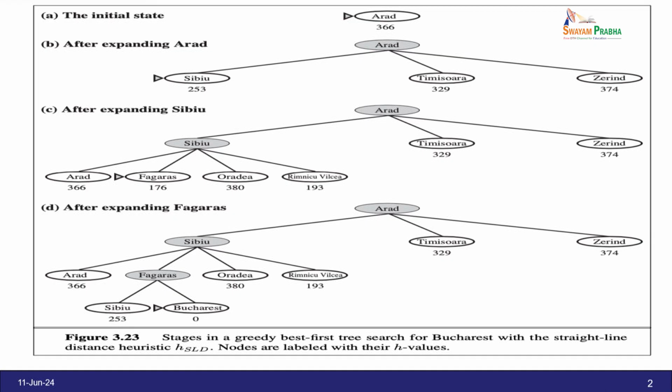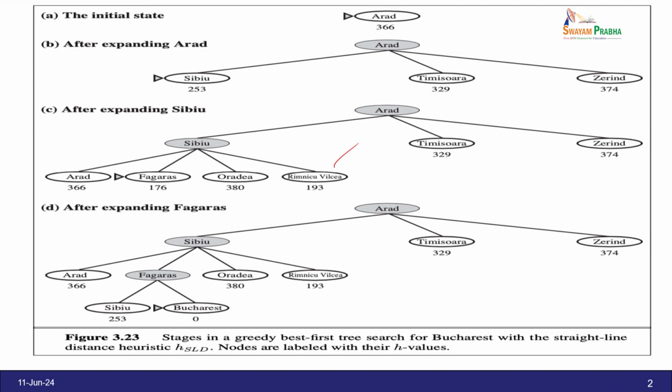After expanding Arad to Sibiu, Timisoara and Zerind, and after expanding Sibiu, we have Arad, Fagaras, Oradea and Rimnicu Vilcea. Expanding Fagaras maps to Sibiu and Bucharest, and once you reach Bucharest, that is the way to search best first search from Arad to Bucharest. This is the straight line distance heuristic, called h suffix SLD.